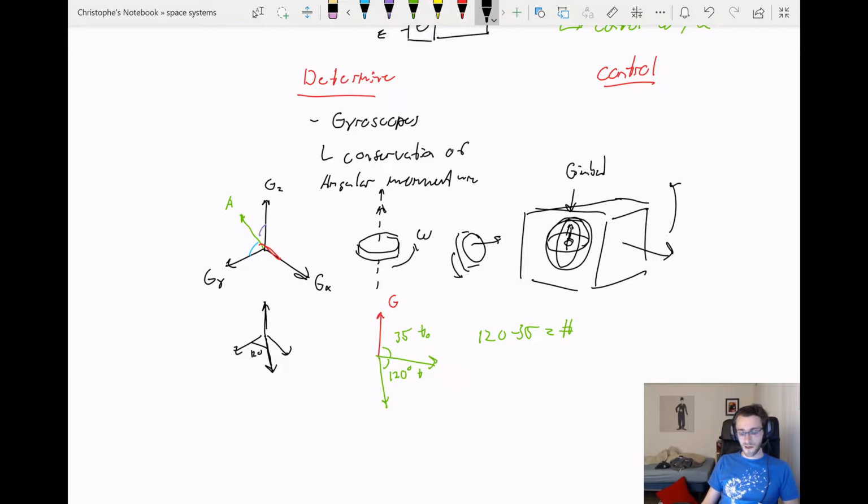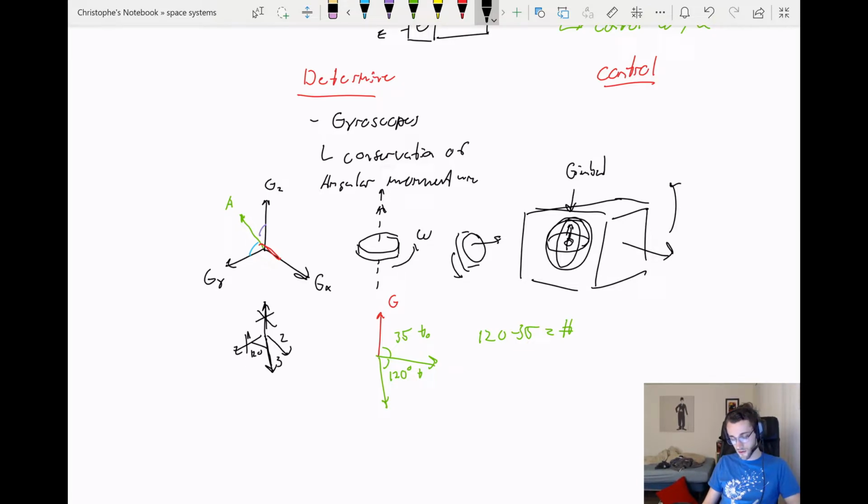The reason for that is if one of these goes offline, or you get a failure in one of them, like let's say it just breaks, any of the remaining three, so 1, 2, and 3, still define unique vectors in 3D space, which means you can still use the 3 remaining gyros to determine your attitude, regardless of whichever one of these fails.